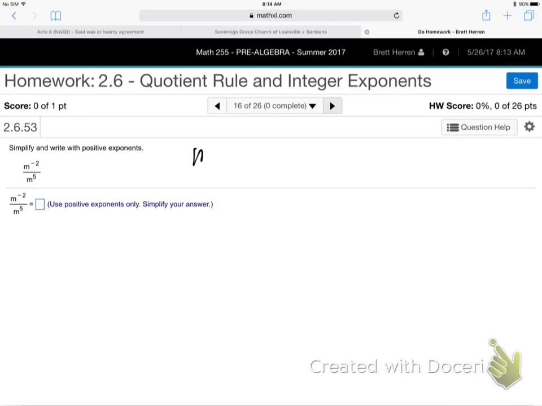So m to the minus 2 over m to the 5. So who's unhappy? Are they both unhappy? No. Just the one on the top's unhappy.